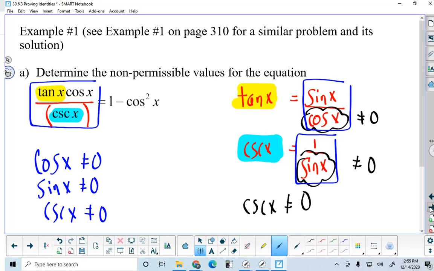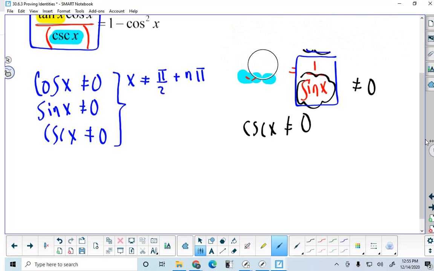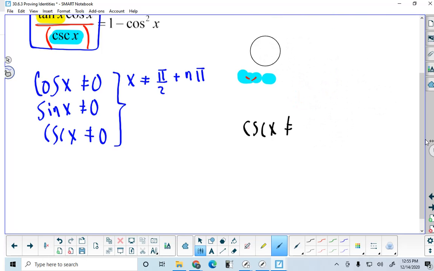So those are the three non-equation statements, and then what you do is you go from that to a list of what x is not allowed to be. X is not allowed to be pi over 2 plus multiples of pi. I'm going to erase this. This was just kind of thinking about stuff.